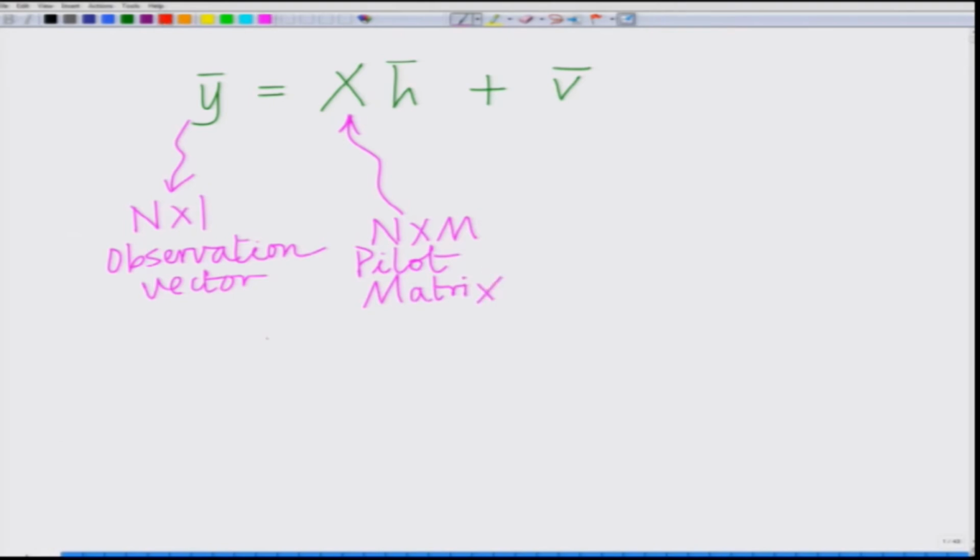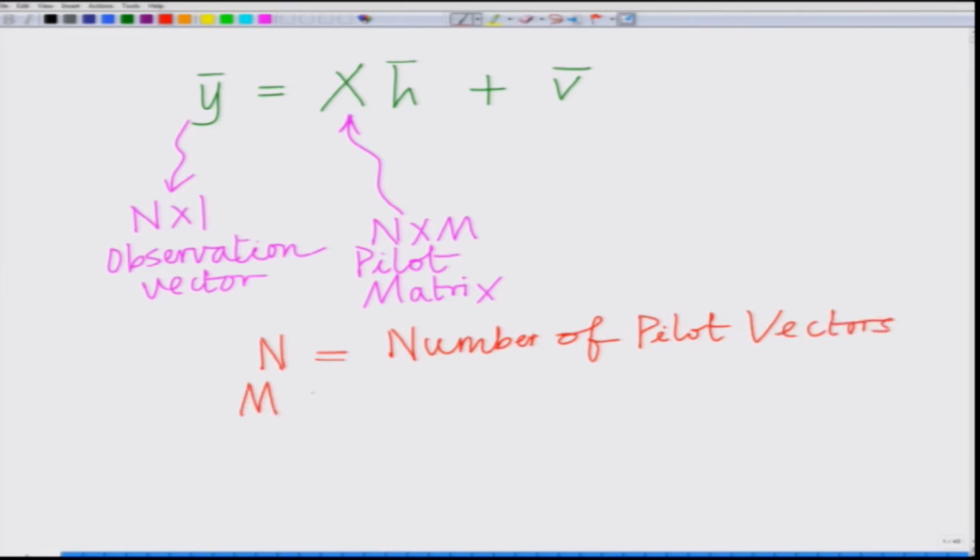Recall that N equals number of observations, or basically number of pilot vectors, and M equal to number of antennas.